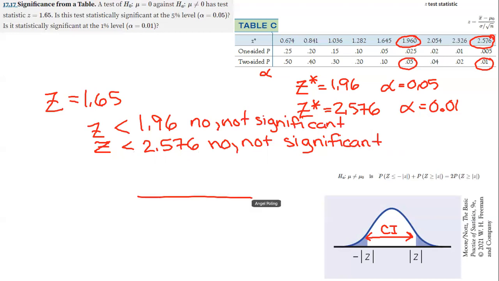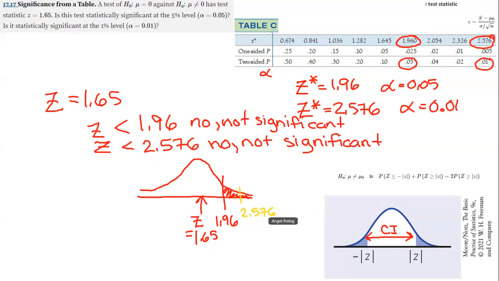We've got our picture, our original cutoff of 1.96, and our z-score this time is not in the critical region. And so when we pick an even more extreme cutoff, like the 2.576, we are still not in that critical region.